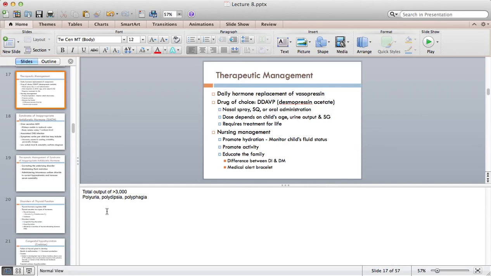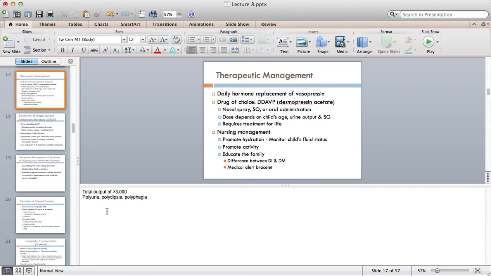The answer is no. What the concern is, if the child has a urine output of up to or more than 1,000 milliliters in an hour, twice in a row, we need to let the doctor know right away. That is excessive. Sometimes they can pull up 300, 400. Remember, this is a child.